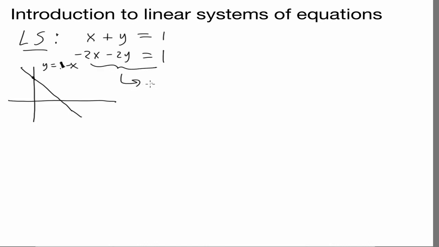So I'm going to do a little bit of moving around here. I'm going to divide by negative 2, and then we get y is equal to negative x minus 1/2. Okay, so let's see. That's actually going to be down here. The y-intercept then is going to be at minus 1/2, and it's going to go like this.